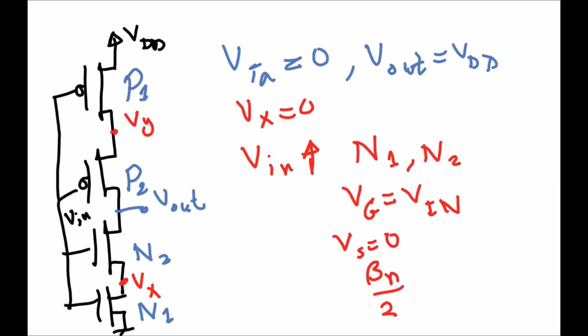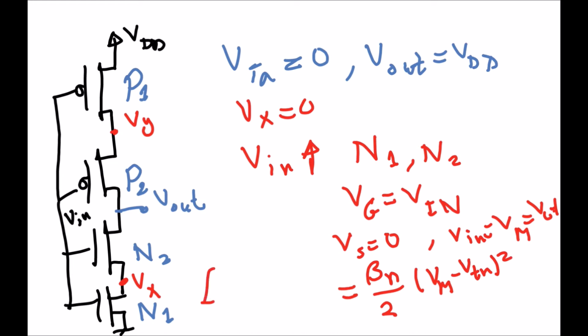So beta N over 2 (V input minus V threshold N) squared. At the switching point, we know that V input equals Vm equals V out, so Vm minus V threshold N, all squared, will equal beta P over 2 times VDD minus Vm minus modulus VTP, all squared, which is VSG.